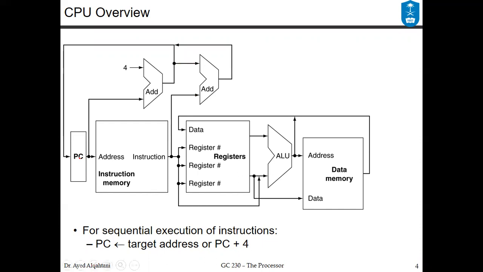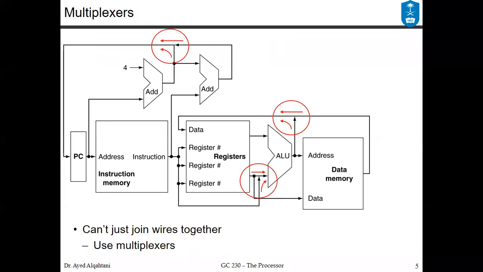So as you can see for this CPU quick overview, we have those places. We cannot just join wires together. We cannot just join this wire and this wire together in one wire. Similarly, this one. Similarly, this one.